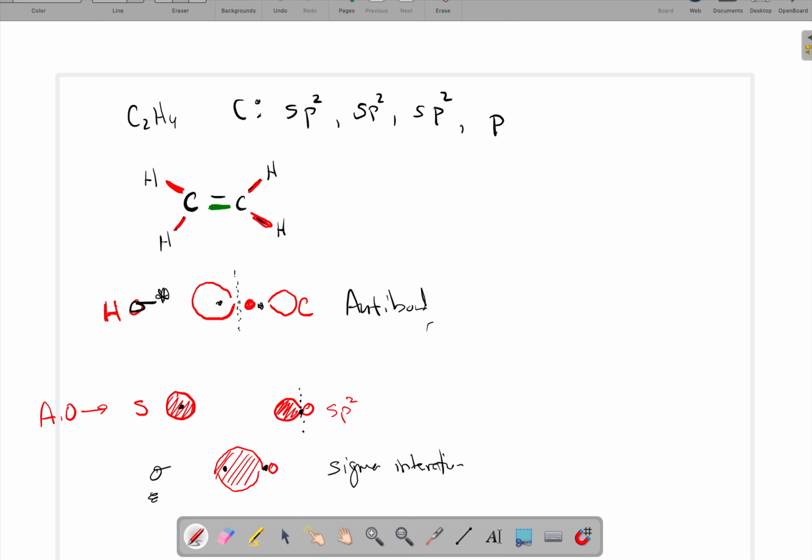The molecular orbitals. So every time I take those two orbitals together, I'm going to generate two new molecular orbitals. Why? Because I can't create or destroy energy, more or less. So if I start with two atomic orbitals, I'm going to end with two molecular orbitals. Those molecular orbitals I can then call different things, and that's where we get sigma and sigma star, based off the type of interaction of said orbitals.